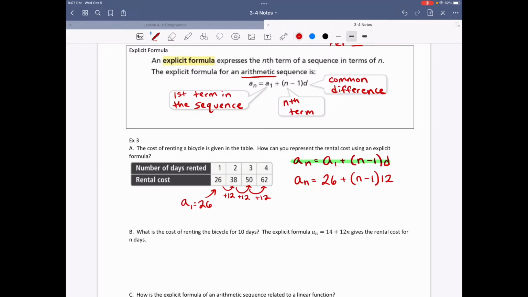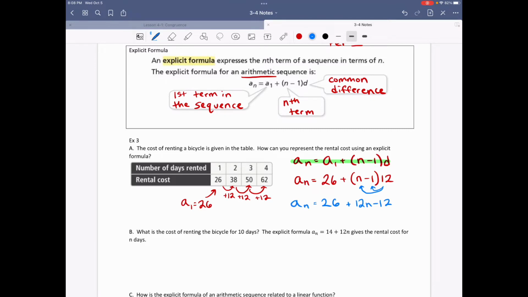But I want to show you what else it could be. We could distribute the 12, and that would give us 12n minus 12 plus 26, and that is equal to a sub n.